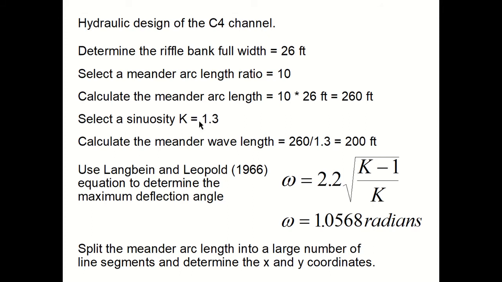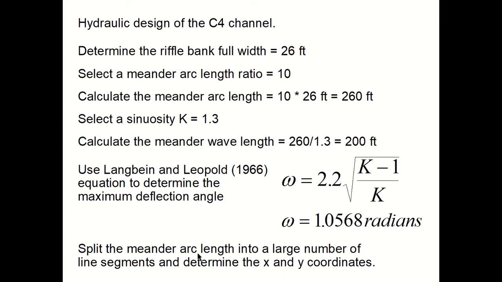I'll select a sinuosity of 1.3, and then I will calculate the meander wavelength as being 260 divided by 1.3, or 200 feet. I'll use the equation from Langbein and Leopold that is an approximation for the maximum deviation angle. So it's 2.2 times the square root of the sinuosity minus 1 divided by the sinuosity. So the maximum deviation angle is 1.0568 radians.